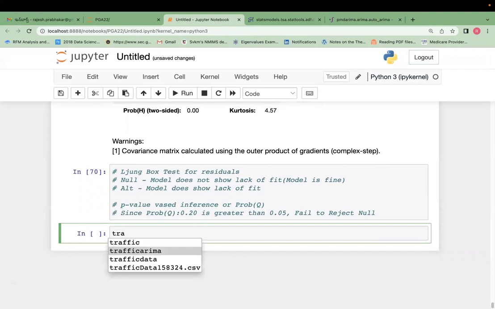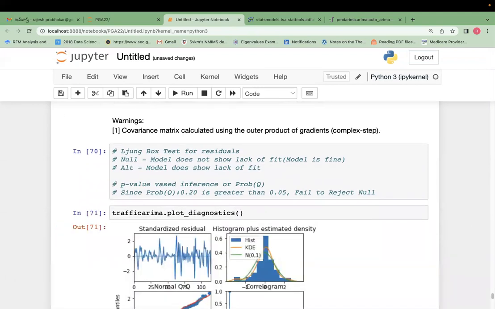You can also do traffic_arima.plot_diagnostics. You can see the diagnostic plots.